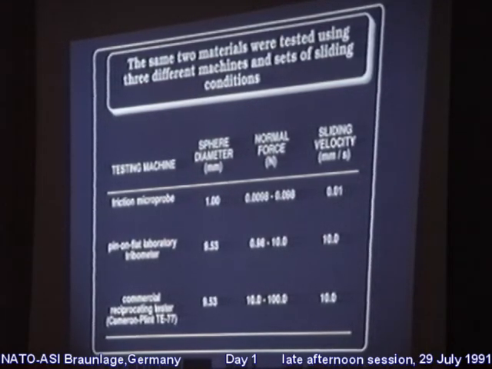With the friction microprobe, we measured friction by taking the output of an amplifier and putting the analog signal straight into a chart recorder. And we checked this by looking at the same information with a digital data acquisition system, and we didn't see any significant details at much higher frequency other than what we saw in the chart recorder. With the pin-on-flat tribometer, we used a digital data acquisition system in which we measured the friction values at a rate of 1,000 per second.